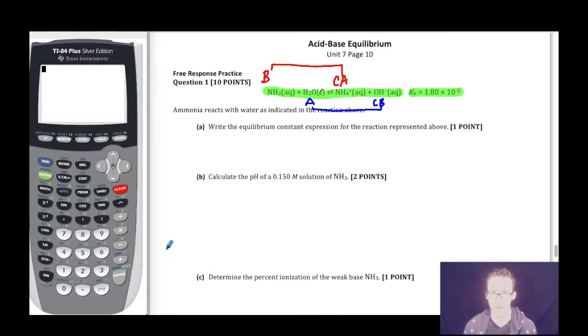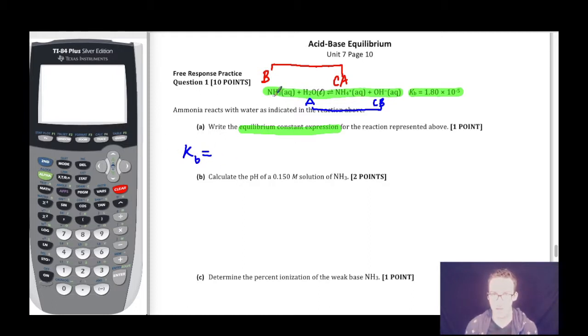So that said, let's take a look at the first part of this question. It says, write the equilibrium constant expression for the reaction represented above. Remember that your equilibrium constant expression, in this case, will be expressed as Kb because we're talking about a base, and is related as the concentration of the products over the concentration of the reactants raised to their stoichiometric coefficients.